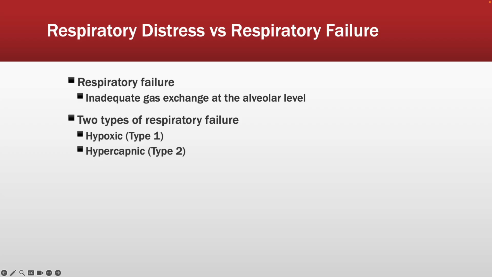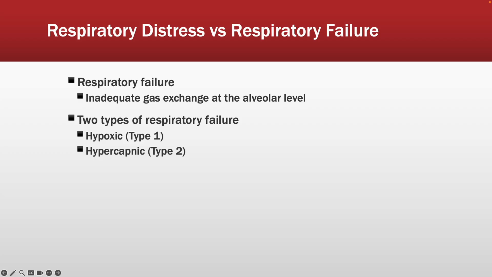But when we start crossing over to respiratory failure, that's when we have inadequate gas exchange at the alveolar level, okay? So basically, they're not getting that gas exchange. We start going into failure, and bad things start happening.